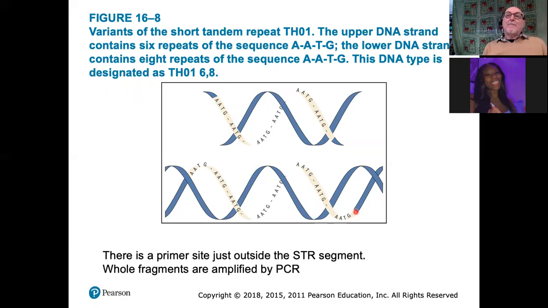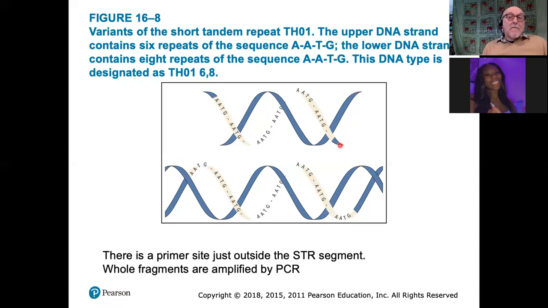And so we can design primers, and we can run this on PCR, and we can amplify these fragments. We'll just amplify that, and we'll amplify that there. We run the PCR, even if we've got very little DNA.